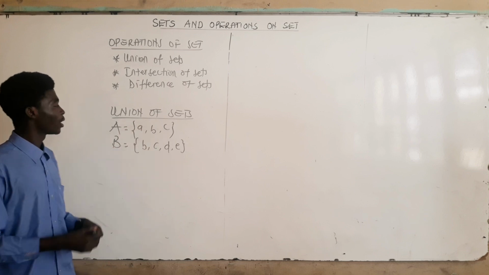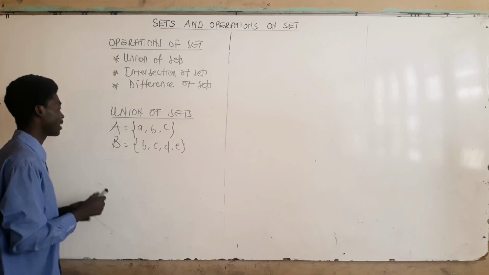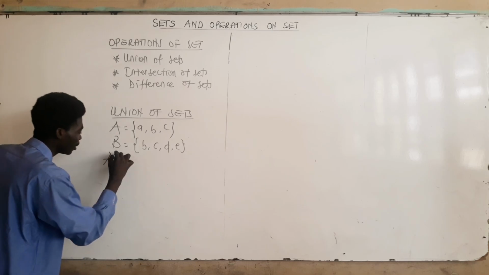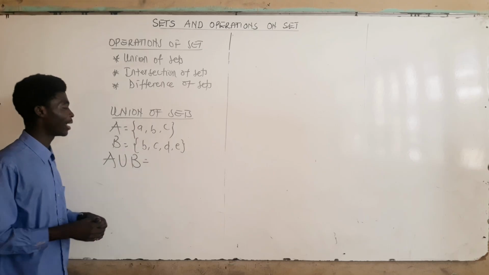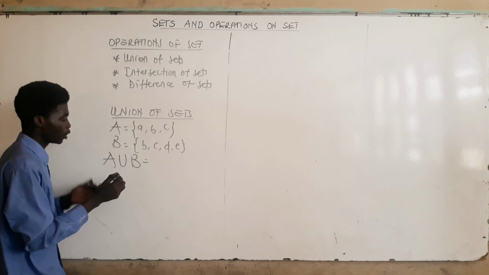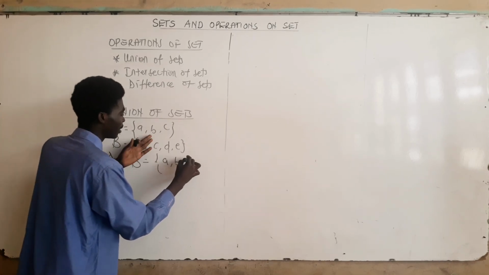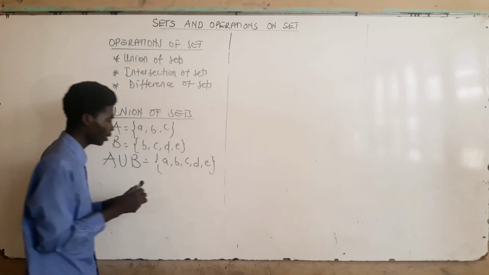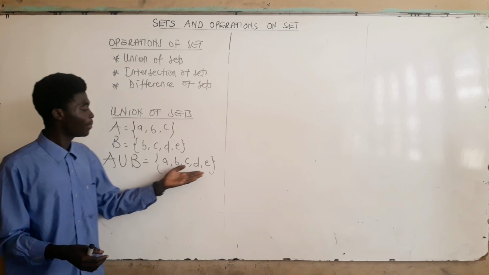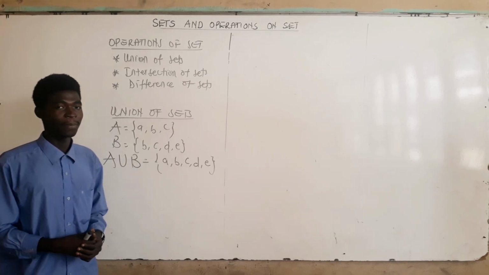And the union of sets is usually represented as A union B. So A union B is going to be A, B, C, D, and E.